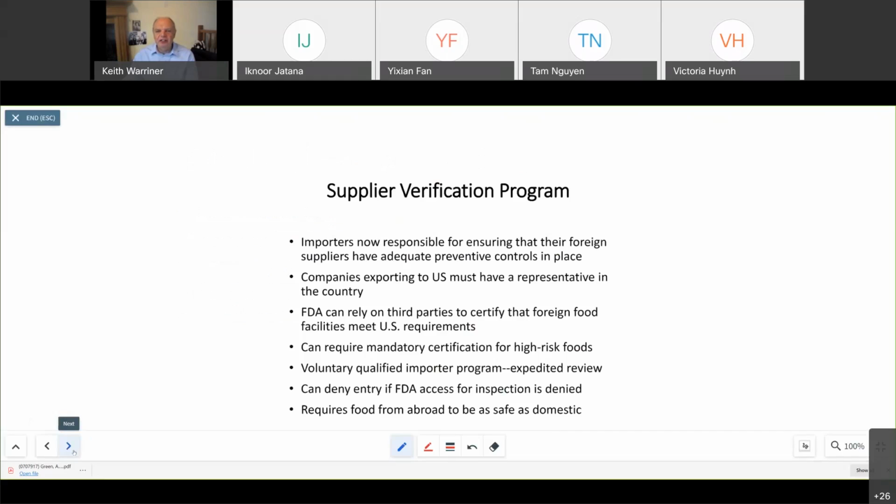So the supply verification, as I mentioned, was this sort of requirement to have the products produced under the same standards as the US. And the problem is that they had to send out auditors to basically audit these companies. And not only that, but they also had to have a representative in the US, so if something went wrong, they can collar somebody.